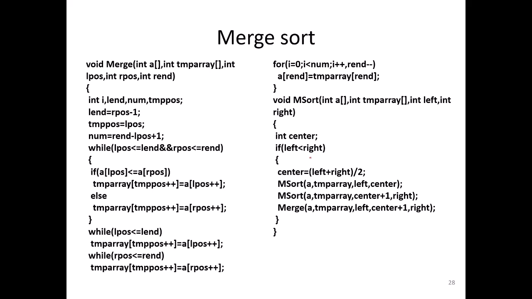So until you get one element in the list, we need to divide. Just compare whether left is less than right, and identify the center value, the mid value, which is calculated as left plus right divided by 2.